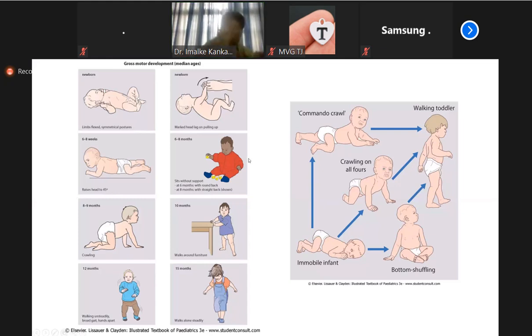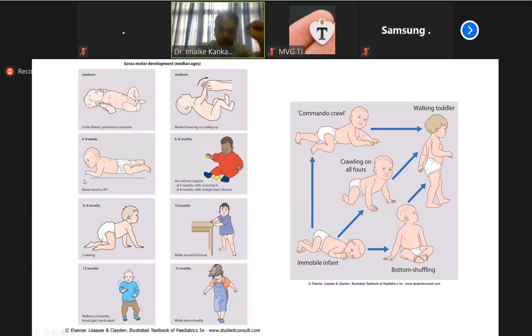So just have a pictorial memory of these 4 pages. Out of these 4, what is mainly important is fine motor and gross motor development, because speech development we are not going to assess in the exam. Social behavior is the third important one, right?